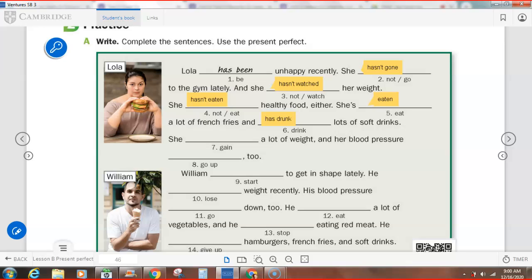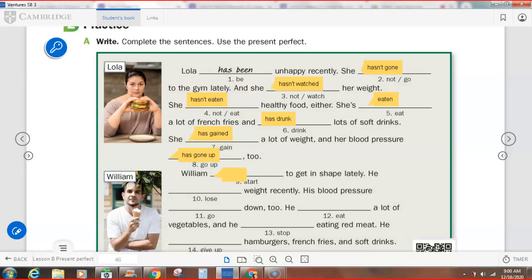Good. She has gained a lot of weight, and her blood pressure has gone up. Good.